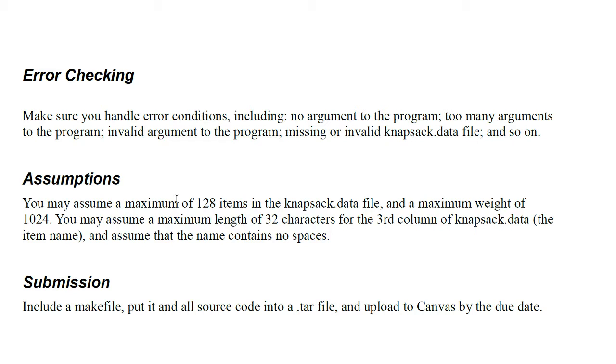If you give it a capacity of 0 or negative, you can treat that as an error, or you can run your program and say the maximum value is 0. It's up to you. Just don't blow up, don't seg fault, and don't do something random. If I run PA5 with a capacity of -10, don't solve the problem for +50 capacity. So do something that makes sense.